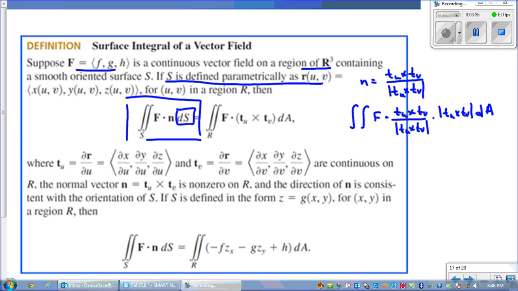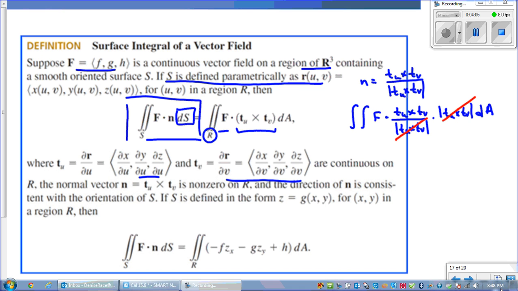Notice that this magnitude will cancel, so our surface integral simply becomes F dot T_u cross T_v. Again, we're integrating over the region R that this surface was defined on. T_u is the partial derivative of r with respect to u, and T_v is the partial of r with respect to v.